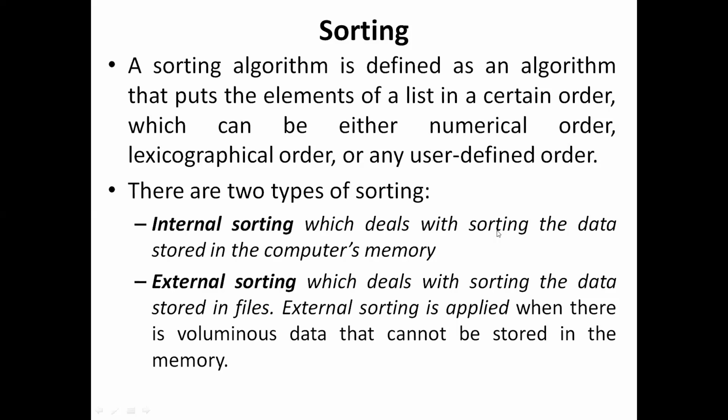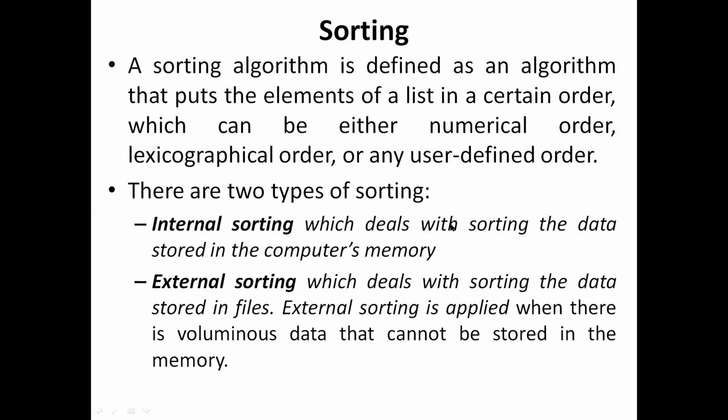In sorting, what are the different types? Internal sorting and external sorting. What actually is internal sorting? It deals with sorting the data stored in the computer memory, which here refers to the RAM, the main memory. External sorting deals with sorting the data stored in files.